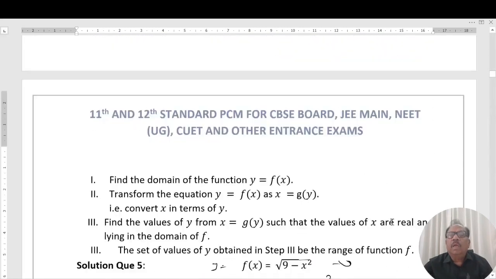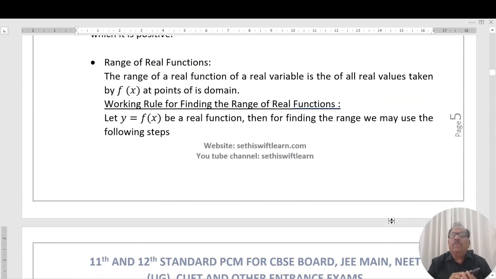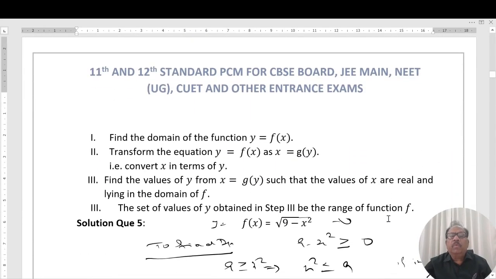Now, again I am explaining. Working on finding the range of a real function. Find the domain. Transform the equation y equal to f(x) to x equal to g(y). Convert x in terms of y.